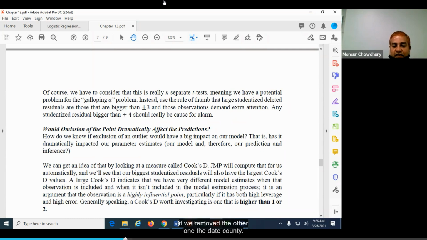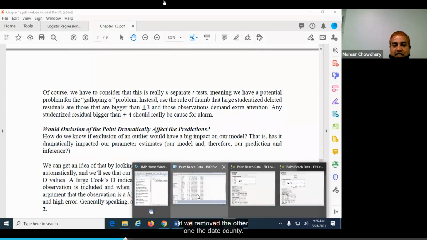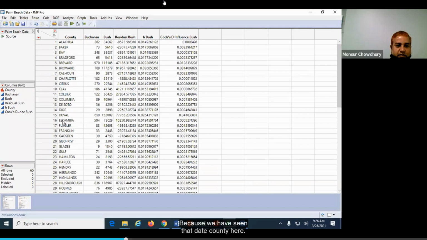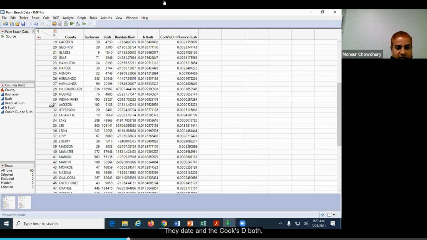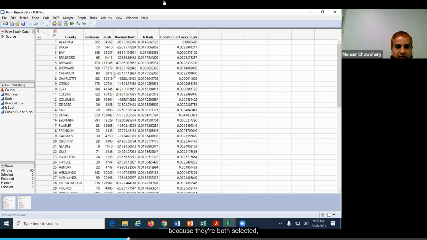Now, if we remove the other one, the Dade County, because we have seen Dade County here, where is the Dade County? I think I removed both of these, Dade and the Palm Beach both, because both are selected, so I removed the Dade County as well.